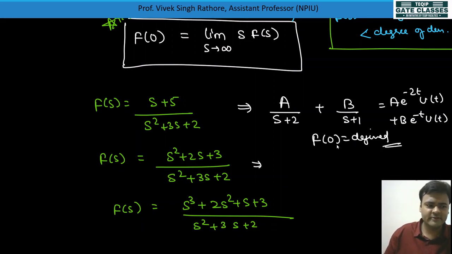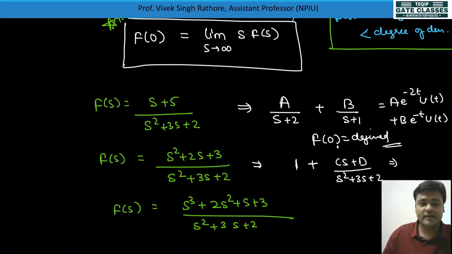But for the second expression, the degree of numerator is equal to the degree of denominator. So we'll get some constant term plus c s plus d over s square plus 3s plus 2. If you take its inverse Laplace transform, in the time domain you'll get delta t plus a1 e to the power minus 3t u of t plus b1 e to the power minus t u of t.